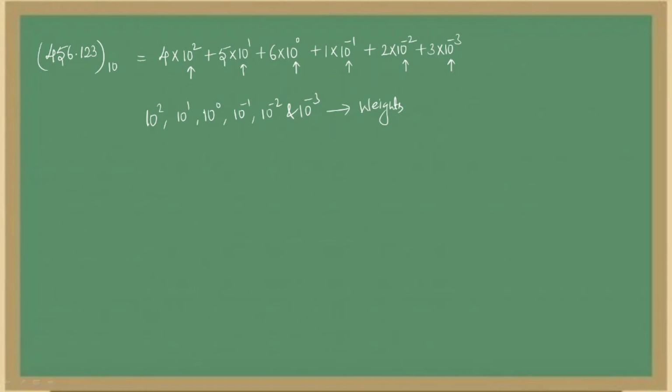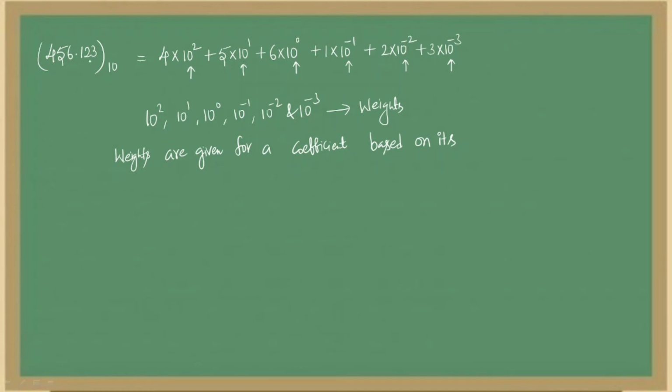Weights are given for a coefficient based on its relative position, because 1 is immediately after the radix point, hence it has 10 power minus 1 as the weight.